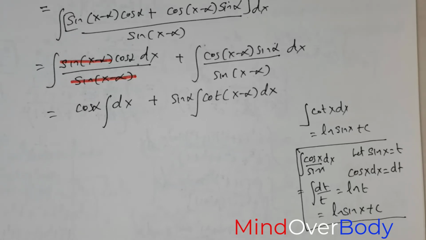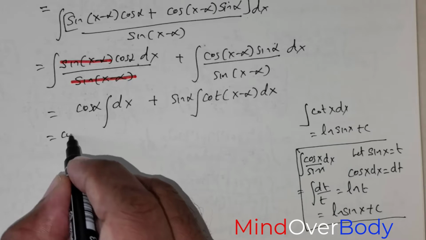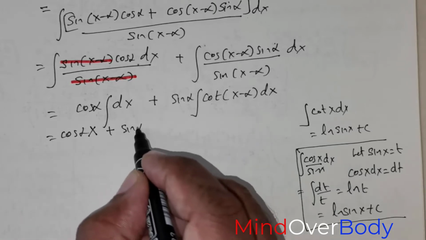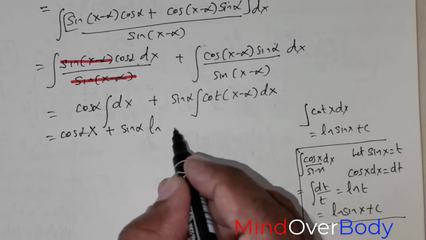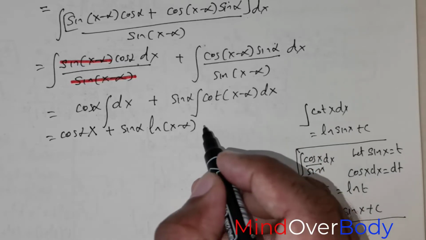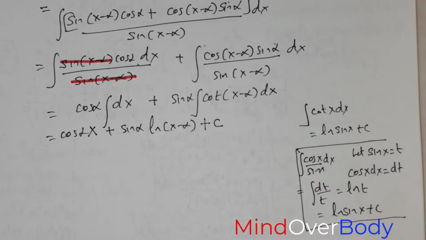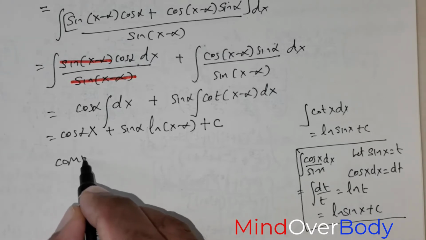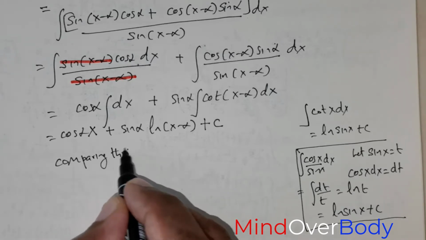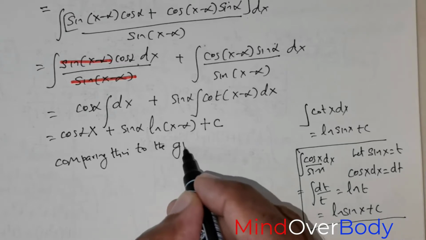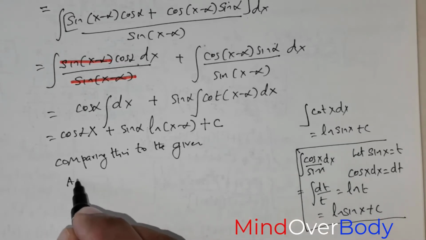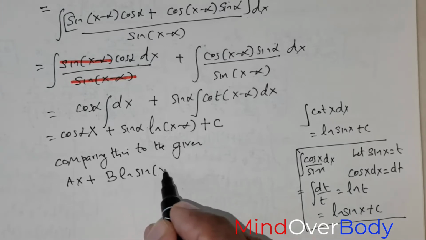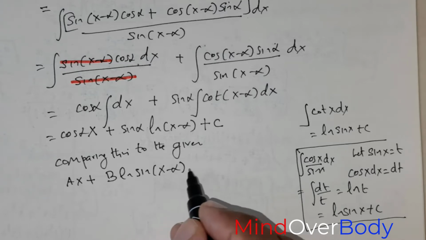So I will substitute that here. This is going to be cos alpha, the integral of dx is x, plus sin alpha, and the integration of this is going to be ln of sin of (x minus alpha), plus c. Now I would like to compare this to the given. We are given a x plus b times ln of sin of (x minus alpha) plus c.